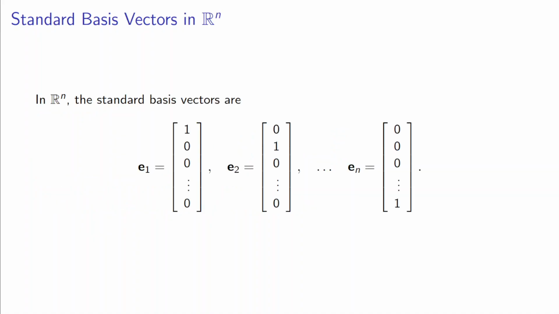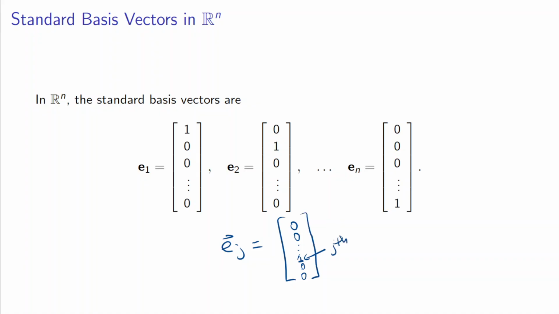More generally, we can talk about the standard basis vectors in Rn. And so we'll have n of them, E1 through En. The general Ej vector will be the vector that has zeros everywhere, except for the jth spot, where it's going to have a 1.